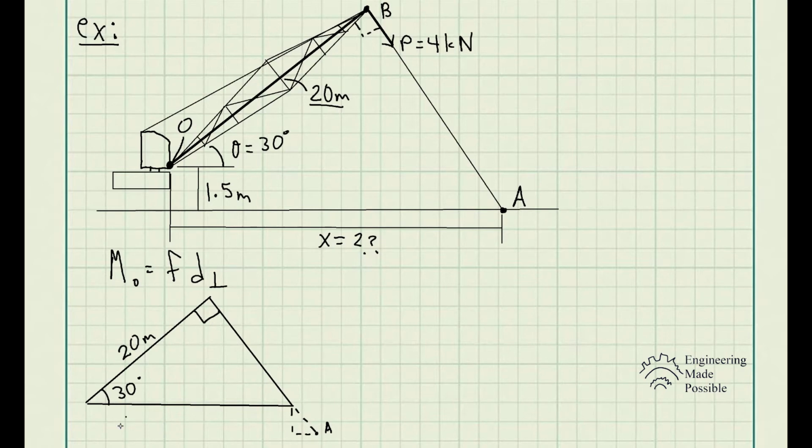We need to determine how much is this distance, and then how much is this small little distance. Once you add them up, you get what we're trying to solve for, which is x in this case.